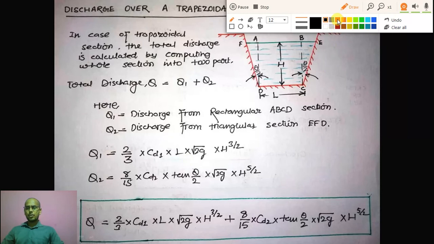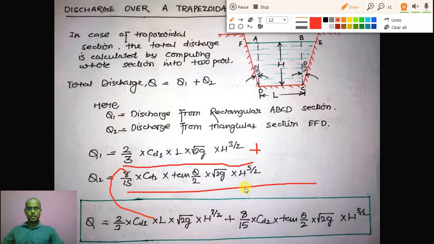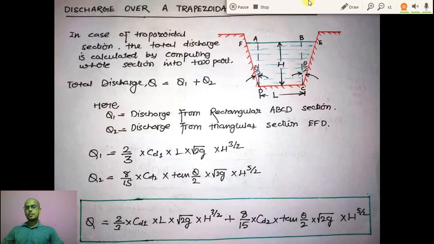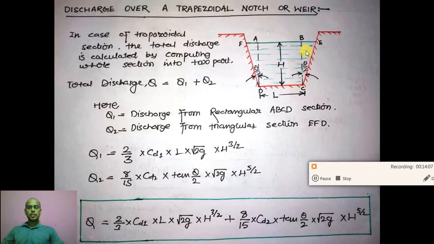You can write down the same line just by putting 1 plus here. You copy this sign here and this one here, and we can write down the total discharge as this. Okay, so that is about this particular trapezoidal section.